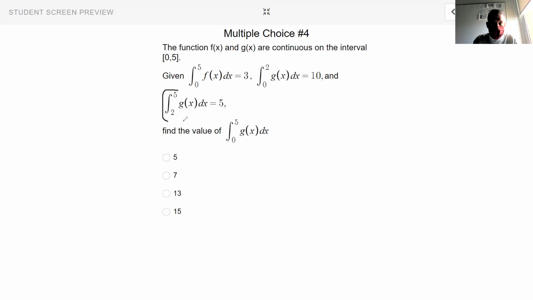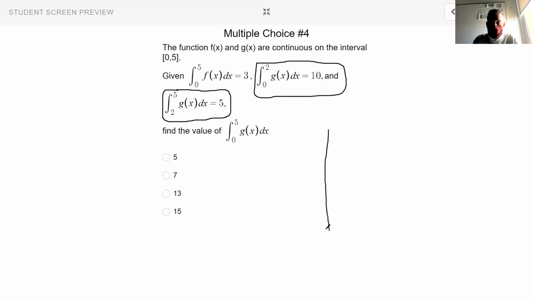Let's highlight some things. We're only talking about g of x here, there and there. We don't care about what's happening to f of x. Now, neither one of these tells us what's happening from 0 to 5, but I have one that's telling us from 0 to 2 and from 2 to 5. So if you think about a graph here, from 0 to 2, we have some curve that looks something like that, let's say.